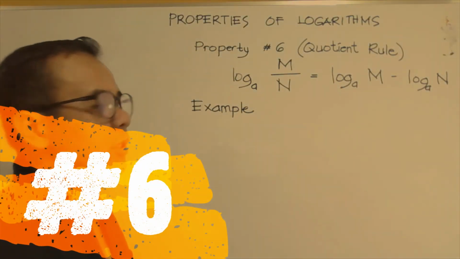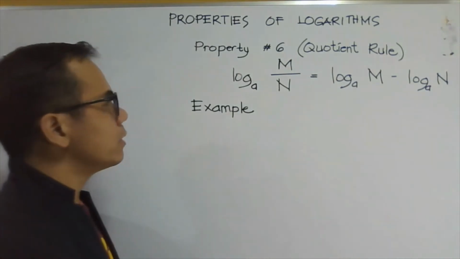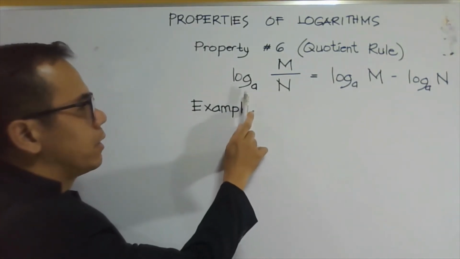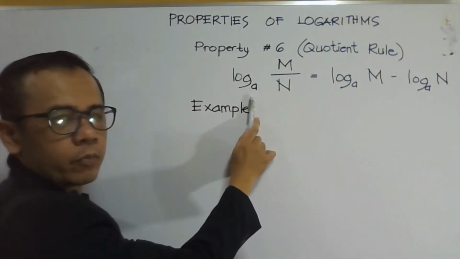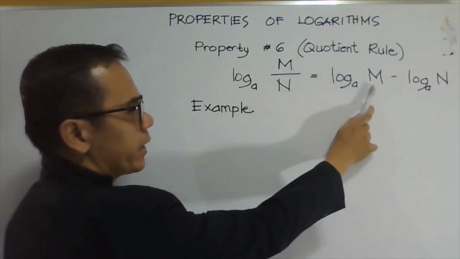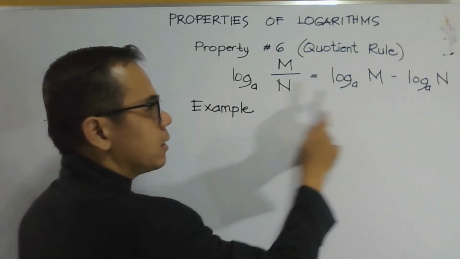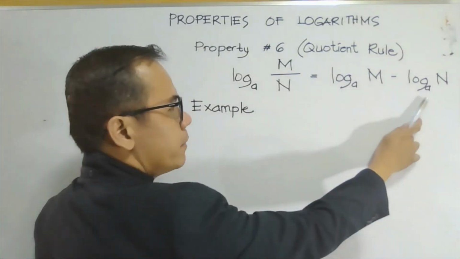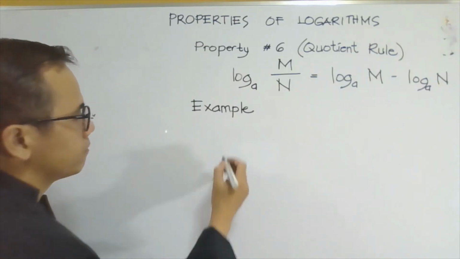The sixth property of logarithm, also called the quotient rule, is the logarithm of m over n base a is equal to the logarithm of m, the numerator, base a, minus the logarithm of n base a. Let's have an example.